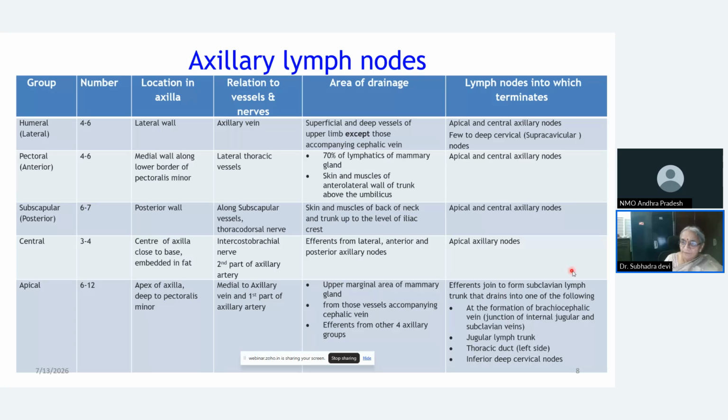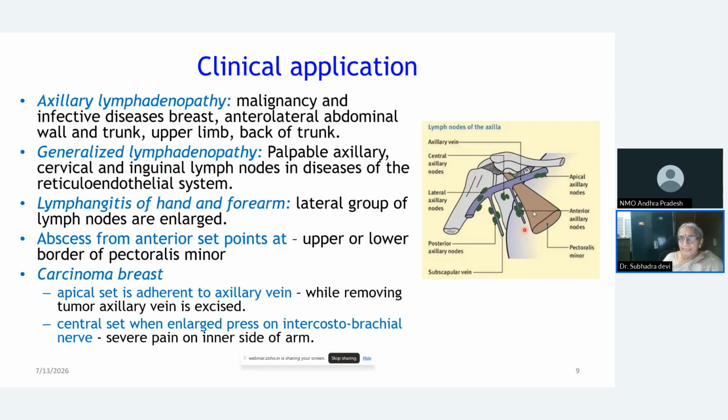So the efferents will form the lymphatic trunk, and I have already told you what will happen on the left side, and then the right lymphatic duct on the right side. So this you have to recollect. What is the clinical importance? Lymphadenopathy in the case of malignancy of upper limb, back of trunk, or anterolateral abdominal wall, or in the case of breast.